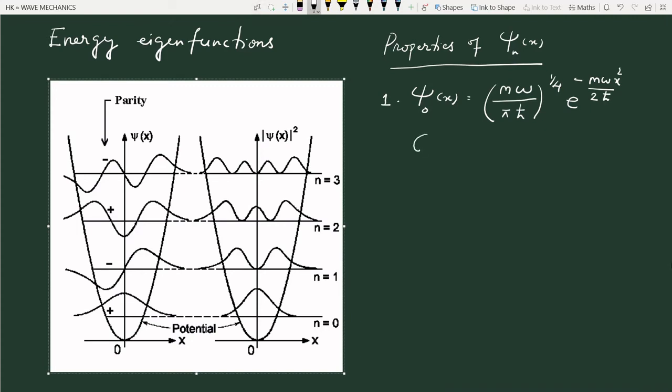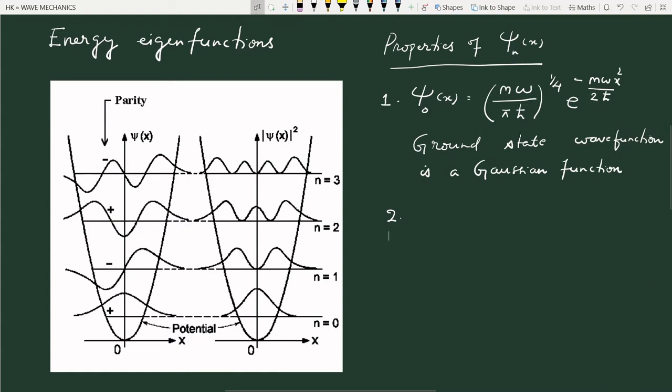The ground state wave function is a Gaussian function. Okay, and you try to remember the expression for this ground state wave function.